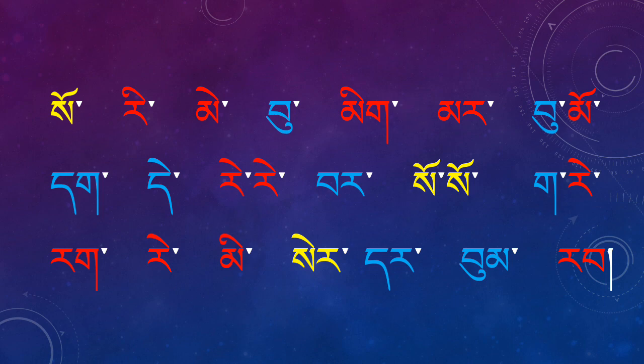So you notice that some words here have two syllables, and some have one syllable but two letters. So you always have to look for these dots between the syllables.